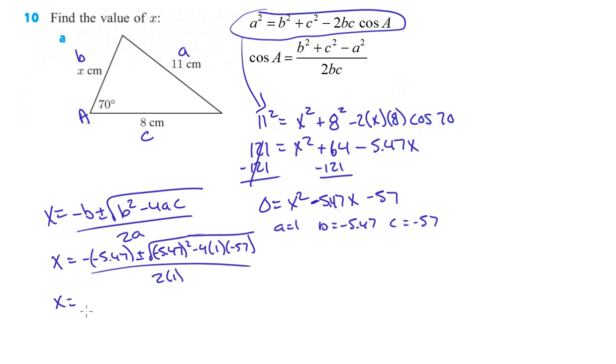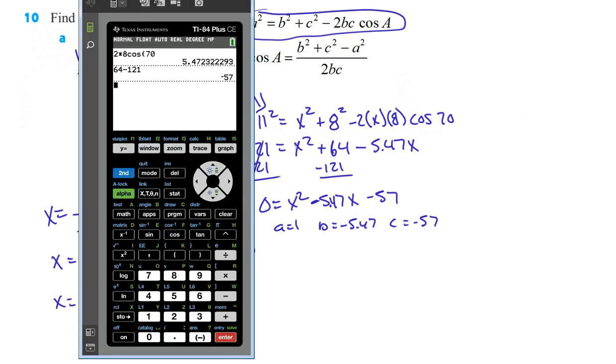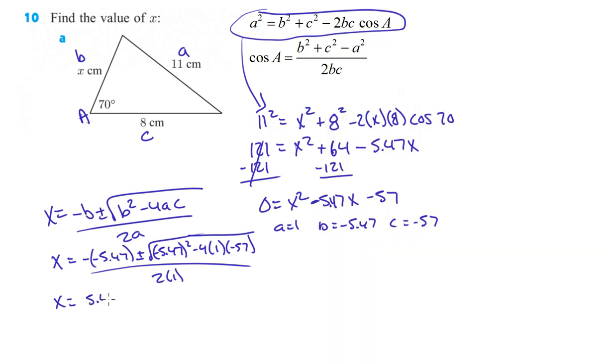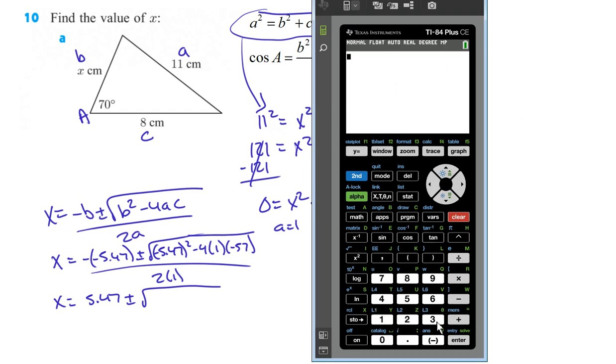Whew. So let's simplify as much of this as we can in our calculator. That's going to simply be 5.47 plus or minus the square root of, and we have to do parentheses, negative 5.47 squared. Let's just try this again.